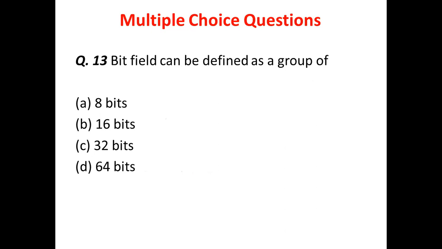The next question is: a bit field can be defined as a group of? The first option is 8 bits, the second option is 16 bits, the third option is 32 bits, the fourth option is 64 bits.